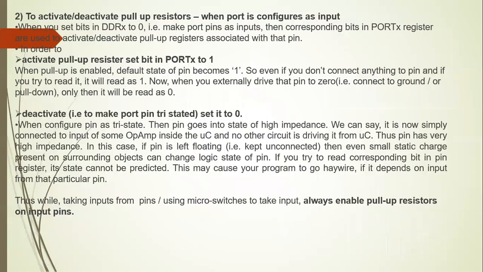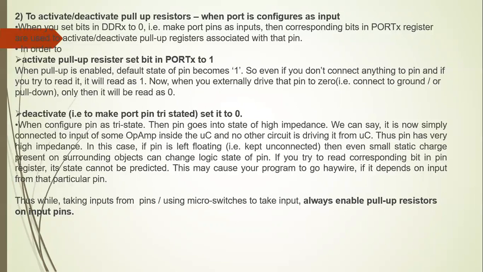Now going back to the pull-up resistors, we were discussing that the PORTX register's first function is to write the output data, and its second function is to either activate or deactivate the pull-up resistor. When the pins are configured as input, the PORTX register doesn't have any other work, so it is used to configure the pull-up resistors.